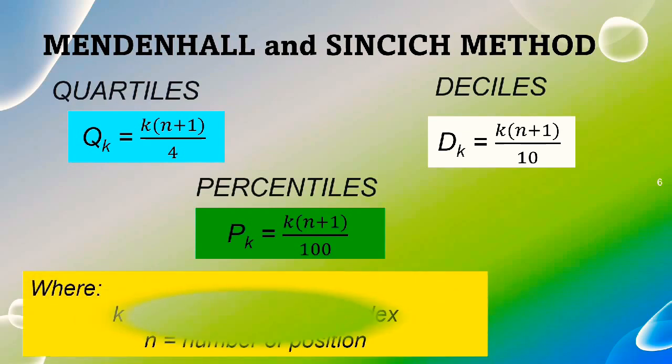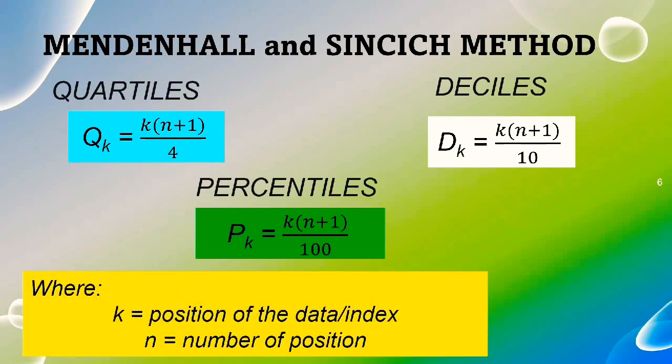Wherein k stands for the position of the data or the index, and n stands for the number of data. So remember class that in terms of quartile, decile, and percentile, the value of k matters most, especially on the position that we are looking for in a set of data.